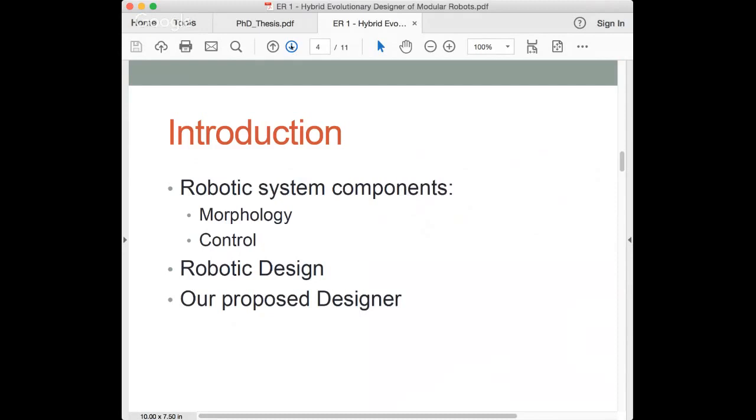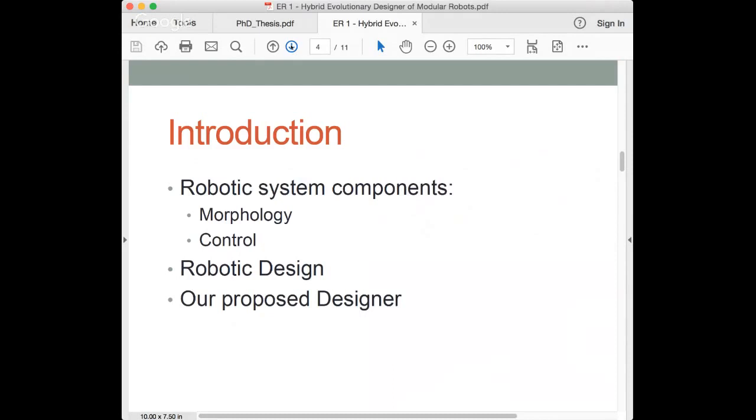Our proposed method, the evolutionary method, allows co-evolving of the robot's morphology and control, the brain and the body of the robot, simultaneously in a specific environment. And it also takes into consideration the environmental changes to produce the best adaptation behavior.